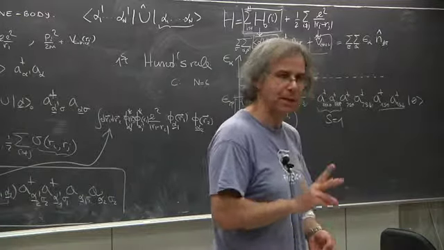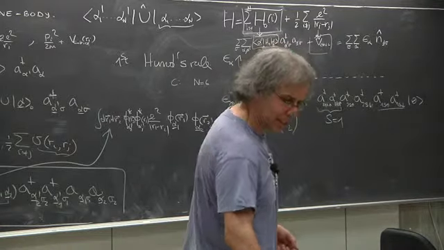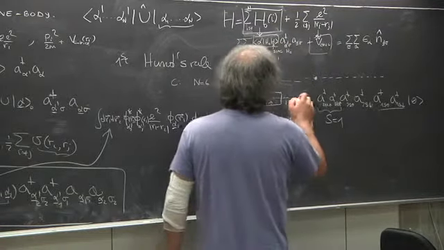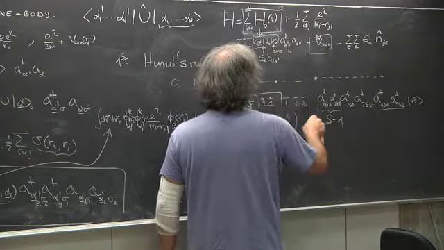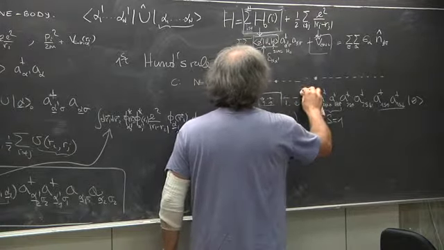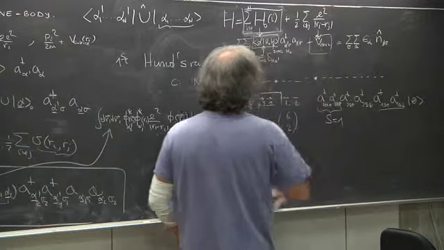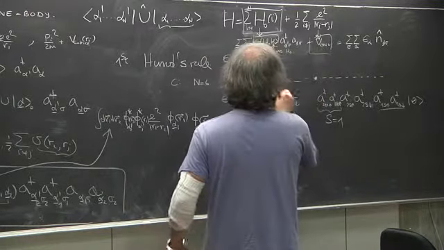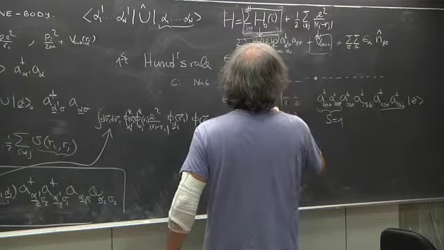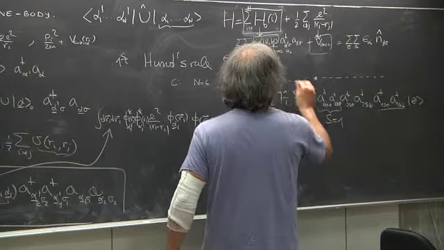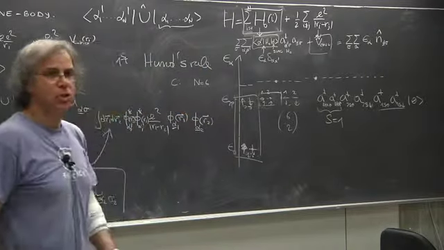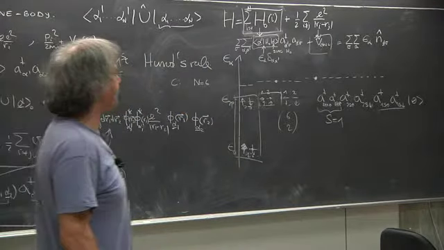I want to do something simpler. So suppose that I truncate, and rather than 6, I have 4; rather than 3, I have 2 orbitals. The 2 orbitals, let me call them 1 and 2, could be up or down. So the exercise is the following.